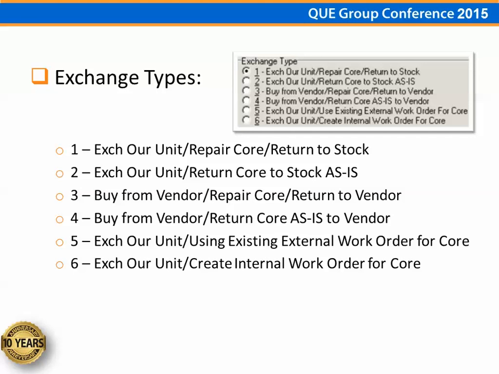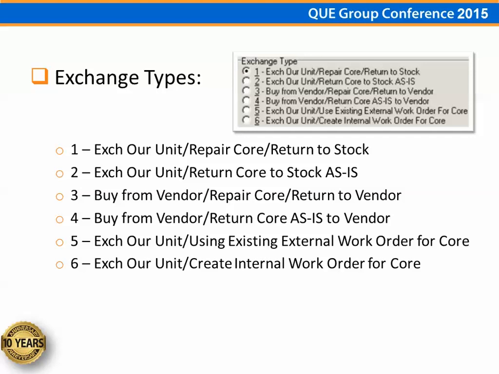So it's pretty rare that we'll use this one, but there might be some cases where you're selling a slow-moving part or something you have just a lot of excess of. You don't want to spend the money to ship it, get it evaluated. It might have a very low failure rate, so there may be cases where you just want to bring it back into stock. There's many different ways to do that, but that's typically how we use it.